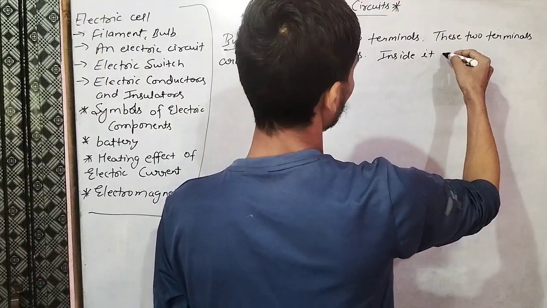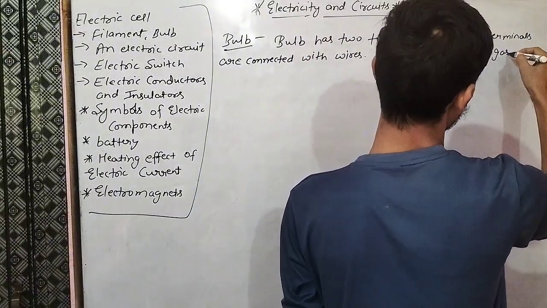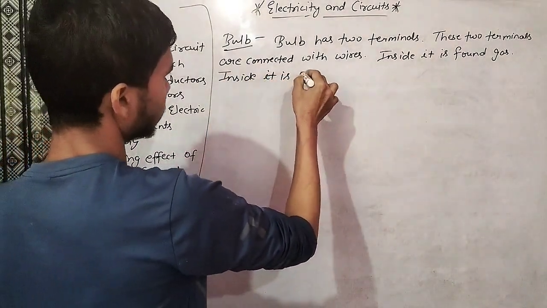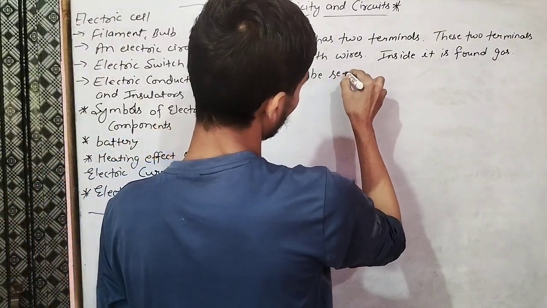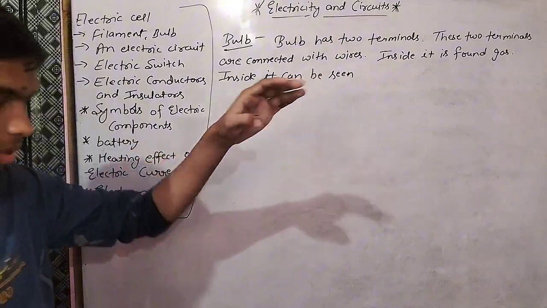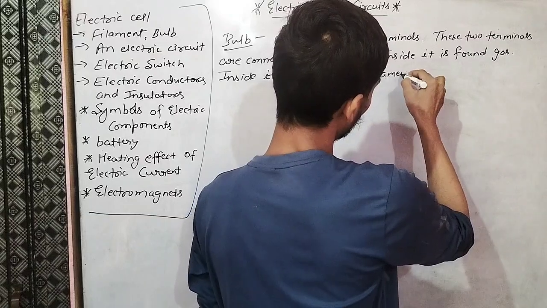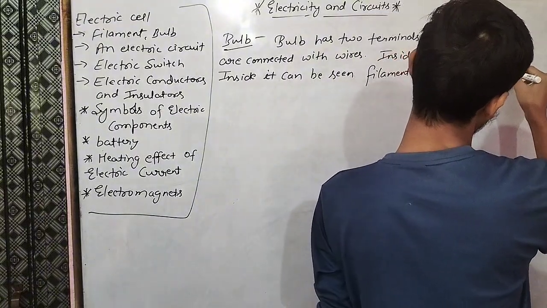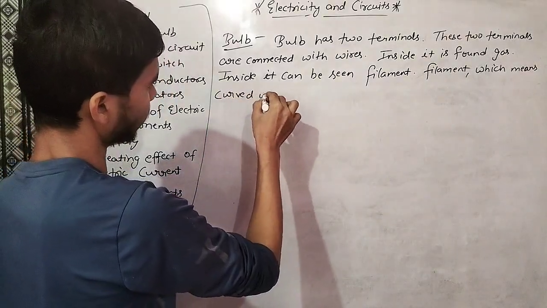Inside it is found gas. Inside it can be seen the filament, which means a curved wire.